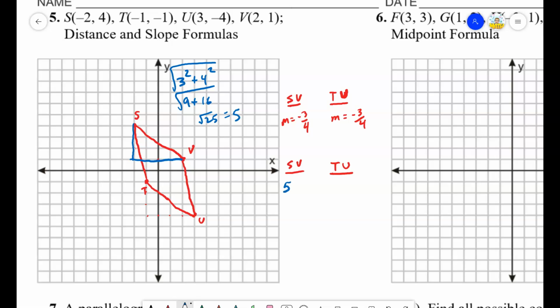And then for T to U, same thing. 1, 2, 3, 1, 2, 3, 4. So we would have 3 squared plus 4 squared, and we'd take the square root of that. So we do indeed have a parallelogram here.